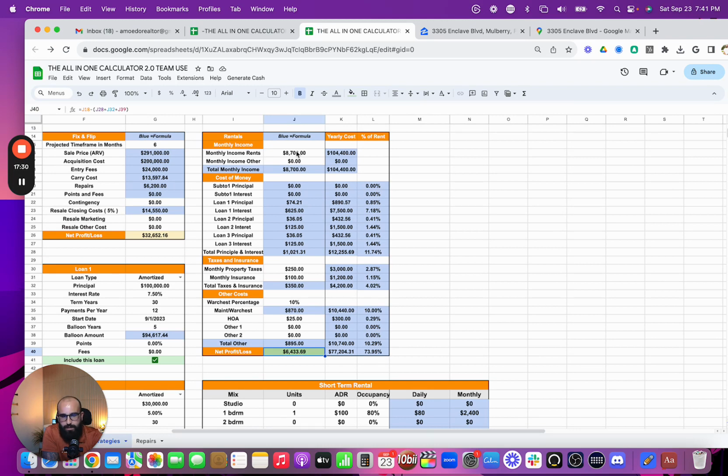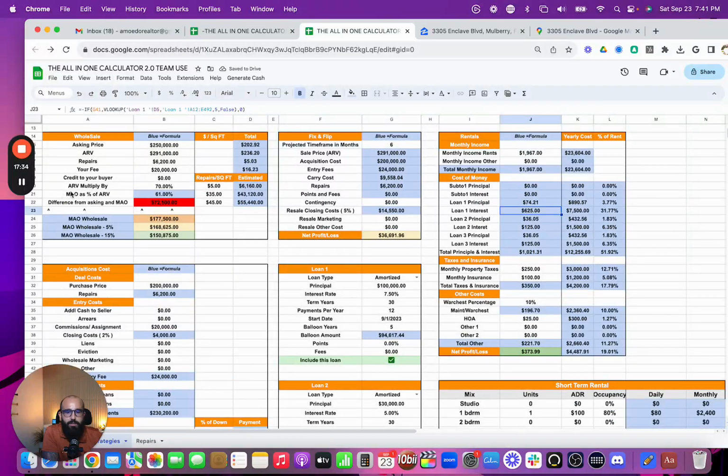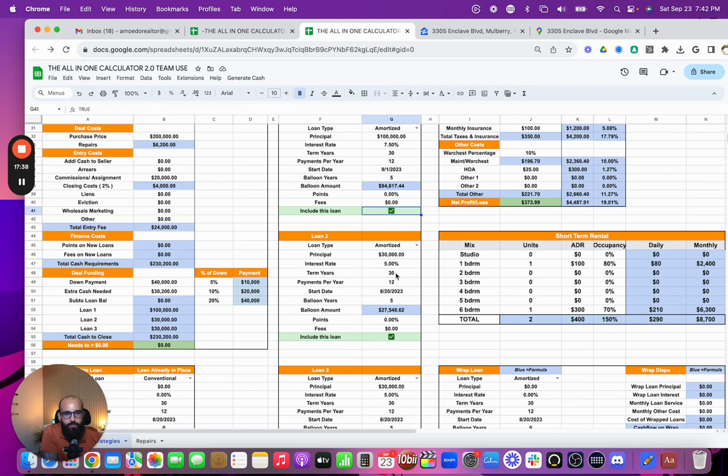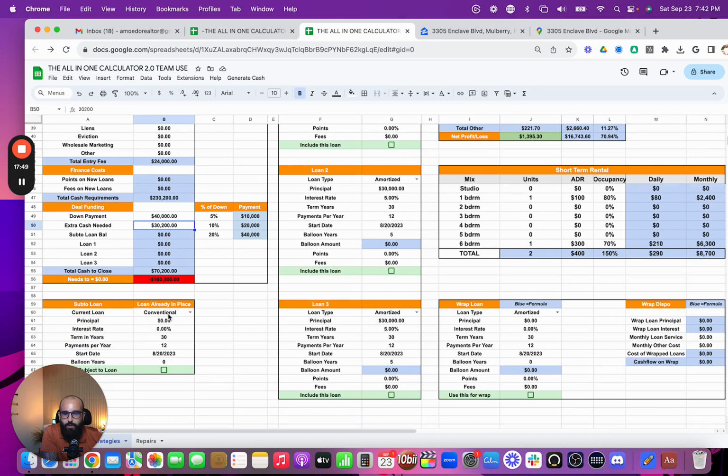So I'm going to take this back to the regular loan and show you guys how to use it as a sub 2. Okay, so now I'm going to uncheck these loans right here so we can start with what we originally had. Okay, let's say we're still giving the 20% down, and we are still coming with the same closing costs, but in this case, this person had a loan.